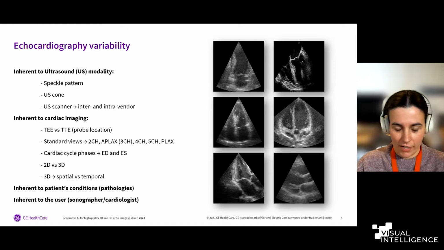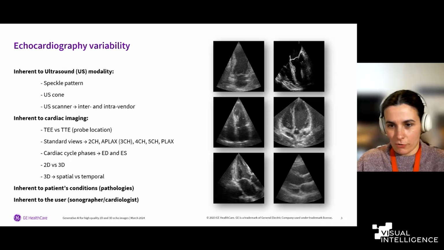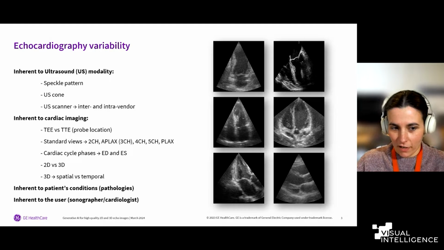So it's difficult to create AI models that work well across the cardiovascular ultrasound modality, because there is a lot of variability. And then there are, of course, pathologies which affect the anatomy of the heart in a very specific way, adding more variability to these data sets.